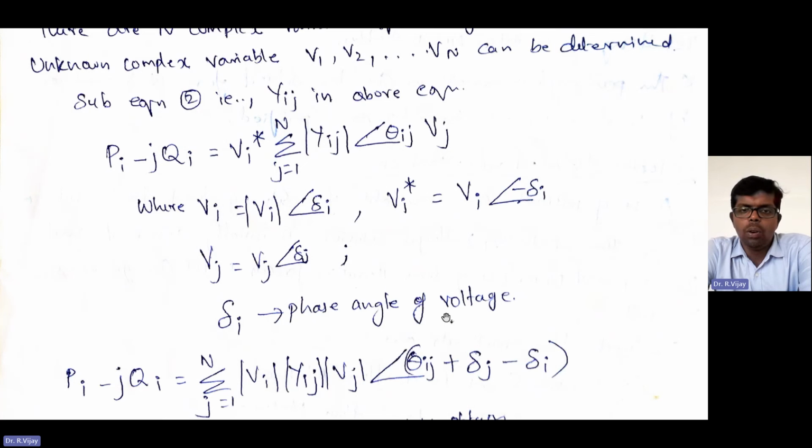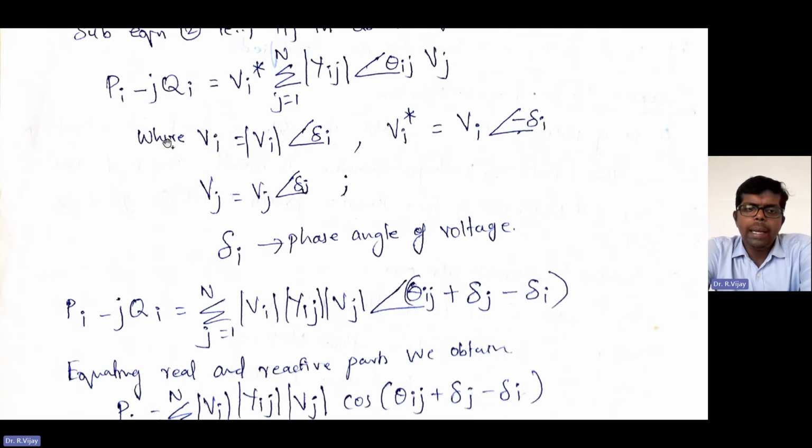So substituting Vi star and Vj in the above equation, we get Pi minus j Qi is equal to summation j equals 1 to N of |Vi| |Yij| |Vj| into angle theta ij plus delta j minus delta i, because Vi star is |Vi| into angle minus delta i, and Vj is |Vj| into angle delta j.